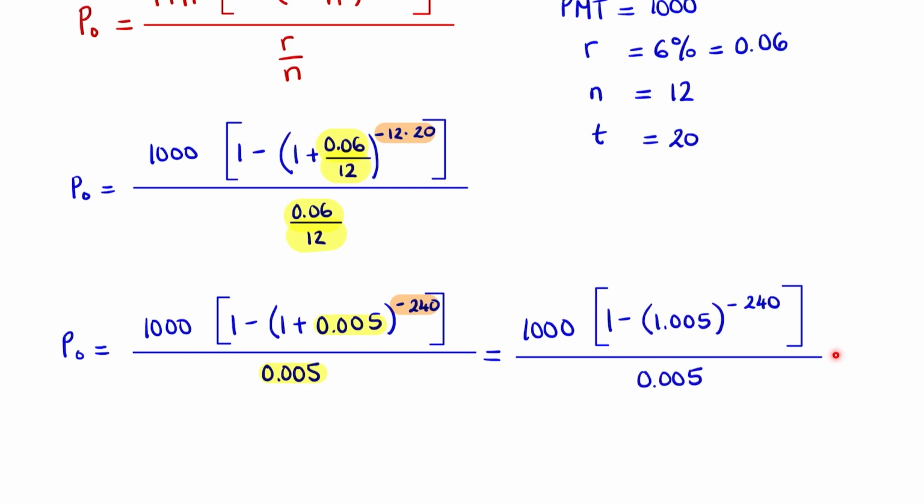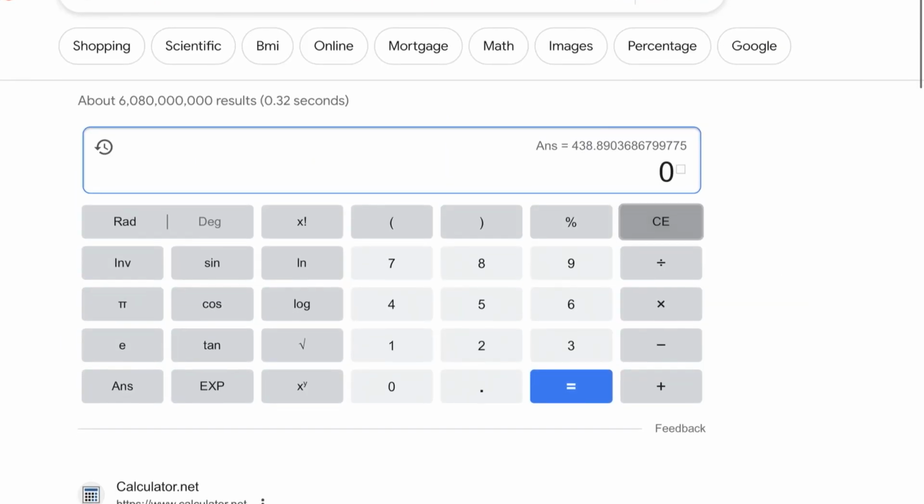And I will put this in the calculator to get the value of P of 0. To put this in a calculator, I will evaluate the numbers inside the brackets first, and then I multiply by 1,000, and then I take that divided by 0.005. I am showing you using the Google calculator. However, everyone has their own calculator, so please learn how to use your calculator.